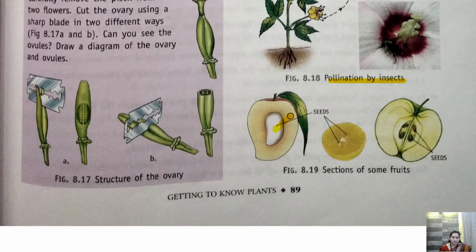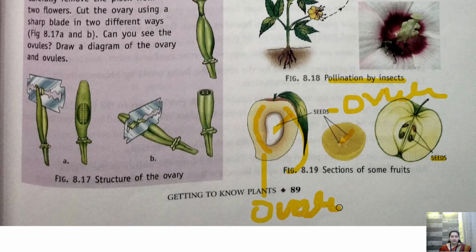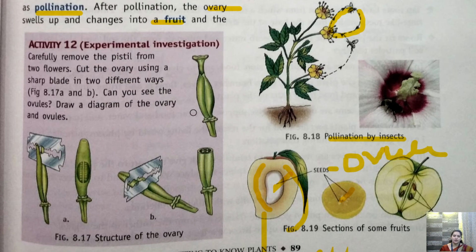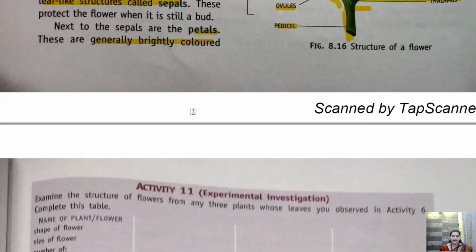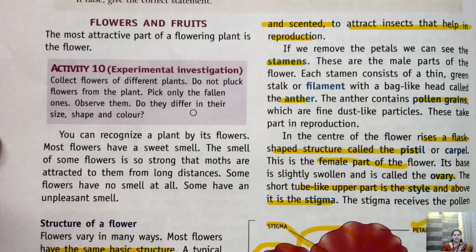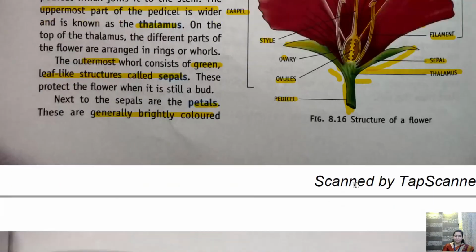So these are the seeds of lemon and mango and apple, and this is the complete fruit. तो seed किससे बना? ovule से बना, और ये complete fruit किससे बना? ये ovary से बना. Getting it? So this is the complete process of pollination. Getting it? So this was the flower and fruit structure.